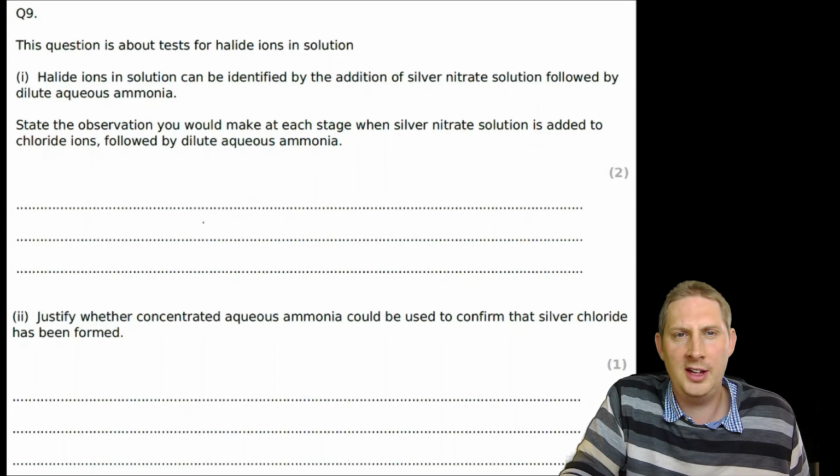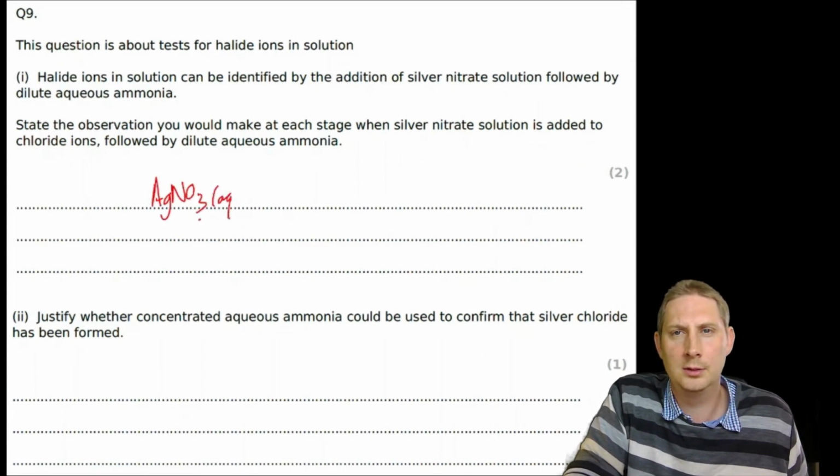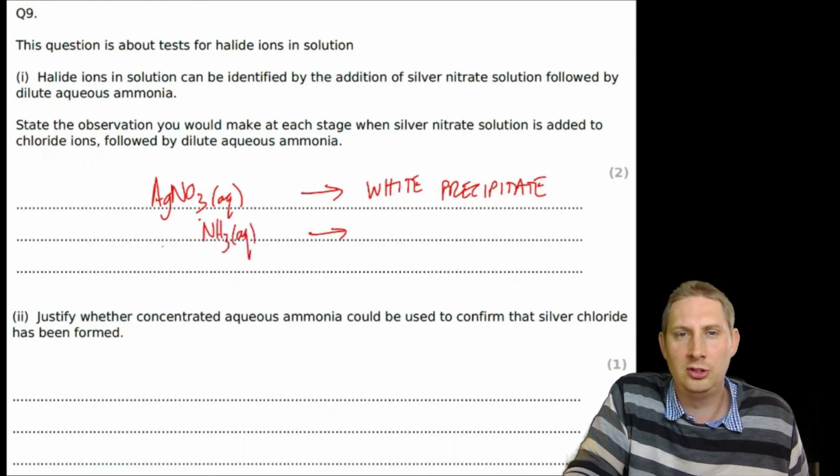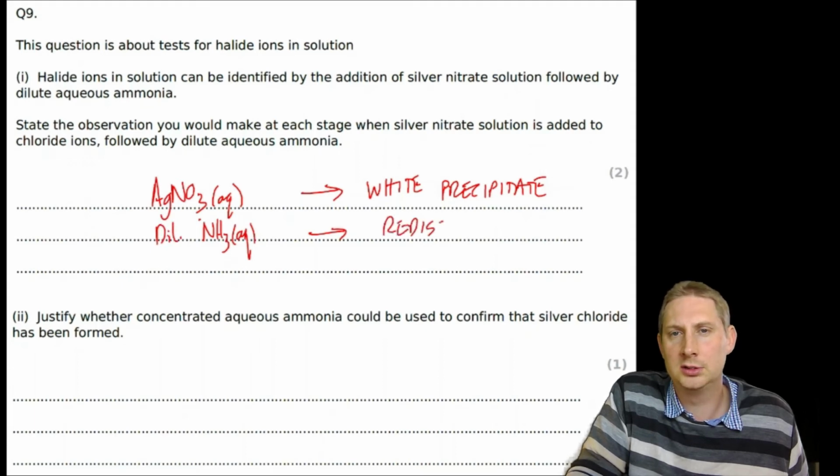Okay, so the first thing that we would say is when you add silver nitrate solution, and it's a chloride, you would get a white precipitate. If we added dilute aqueous ammonia solution, the second marking point is for saying when you add dilute NH3, that would redissolve. 2 marks there.